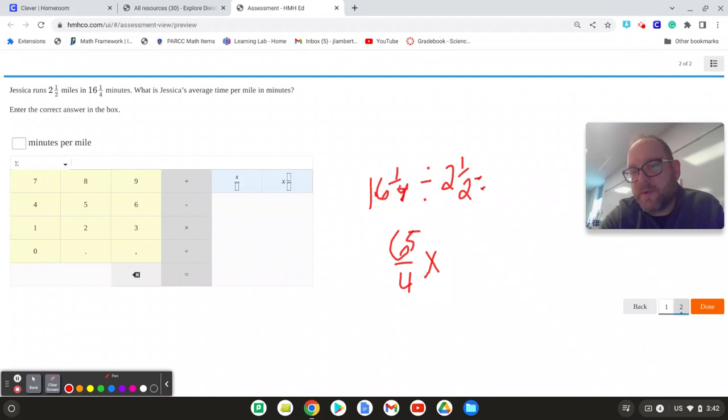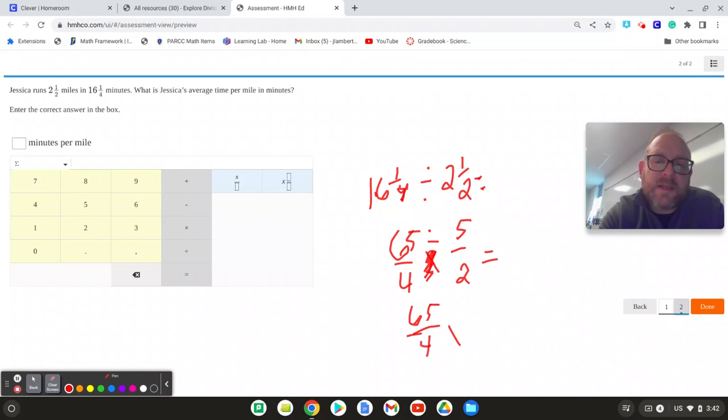Times, and then we'll do this number. Let's just do division first, then we'll do our inverse operation. 2 times 2 is 4 plus 1 is 5, so 5 over 2. If we use the multiplicative inverse here, we have 65 fourths times the inverse of 5 over 2, which is 2 over 5. And if you notice here, I can cancel out a bunch. 5 and 65 are divisible by each other.